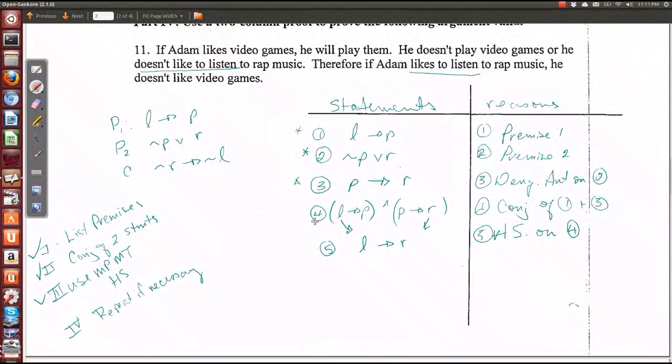And that uses up steps 1 and 3 and 4. So now I'm in a sticky situation.